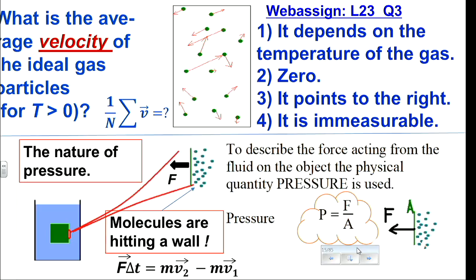Please keep answering the question. So why is it important? Well, first of all, again, we remember when an object, a ball, or an atom bounces off a wall, it exerts a force. So 1 force, 2 forces, many forces.